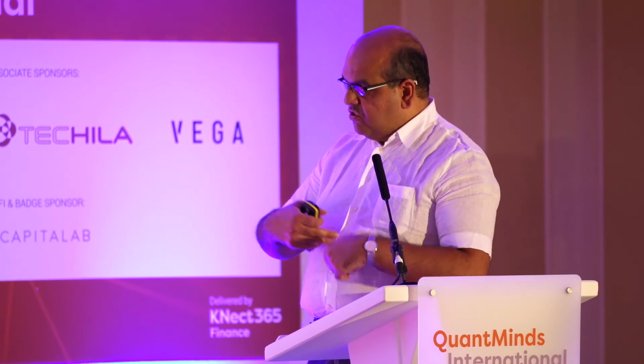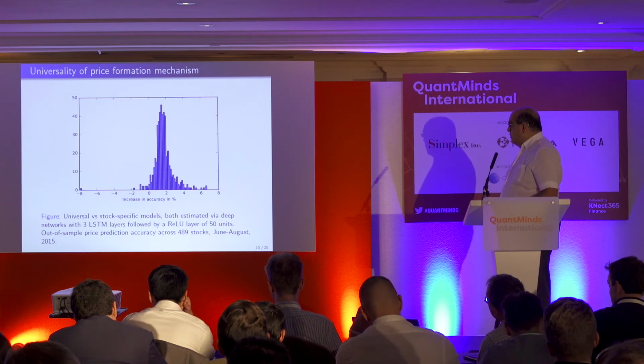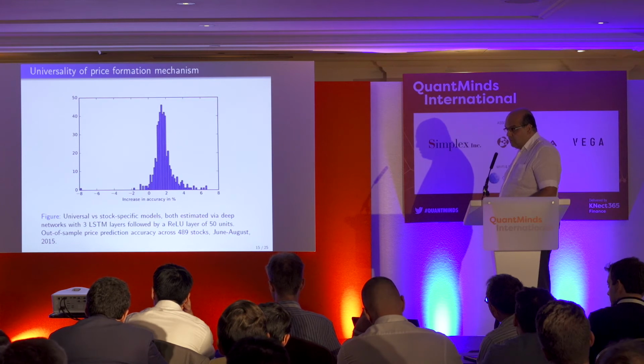We're not taking the same sector, we just throw them in without any normalization and train it on the entire sample. Then we try to forecast the price moves of stock A with its own model and with this universal model. And what we see is that in the vast majority of cases, except for 4 or 5 stocks out of 500, the universal model outperforms the stock-specific model.